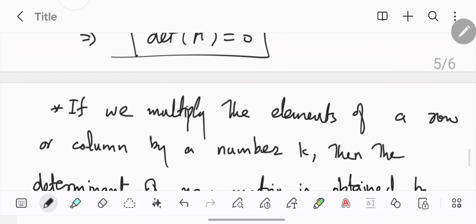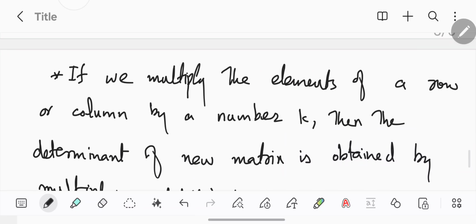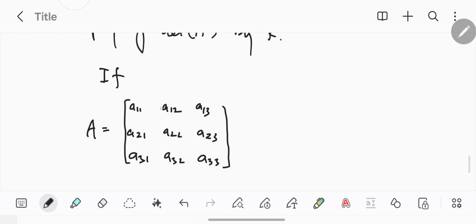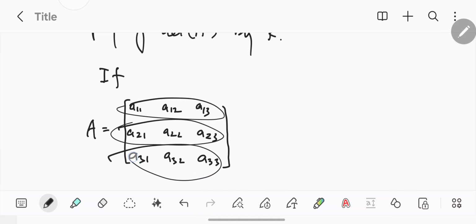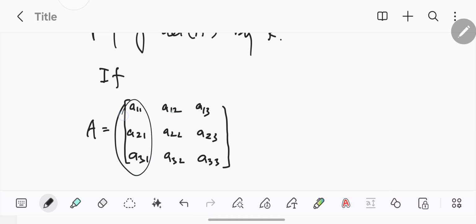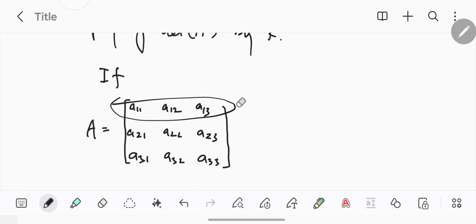And what is this property? This property says if you multiply the elements of a row or the column by k, suppose k is a number, you multiply any row or any column by k. For example, you multiply this row by k.